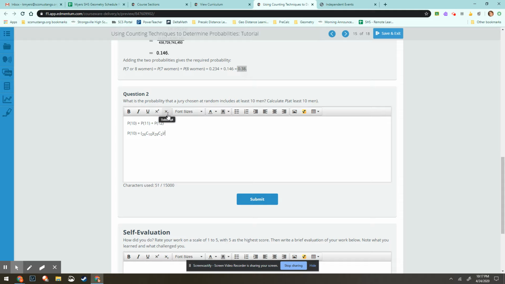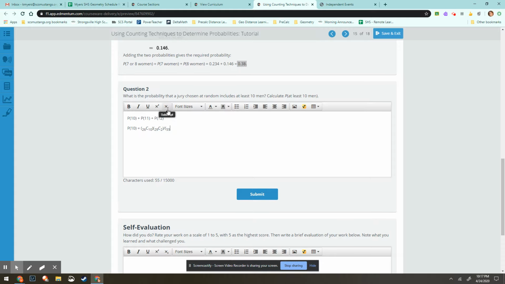Okay. And then again, I'm dividing by that 55 choose 12. Because that is the total number of ways to randomly choose 12 people. Okay. So this is a probability for 10.